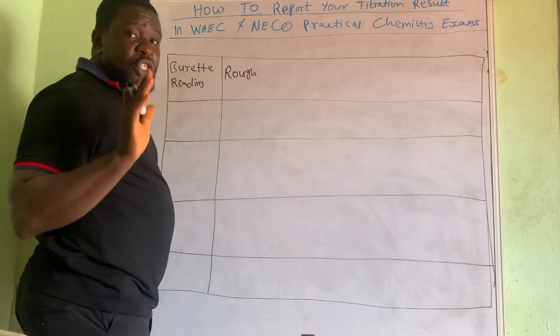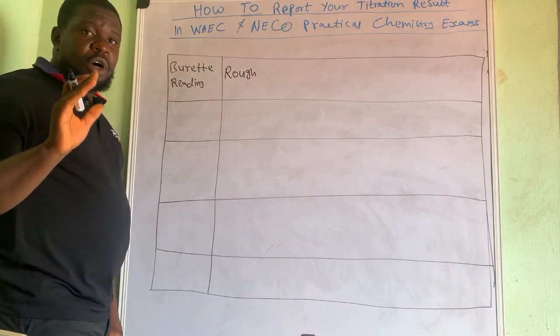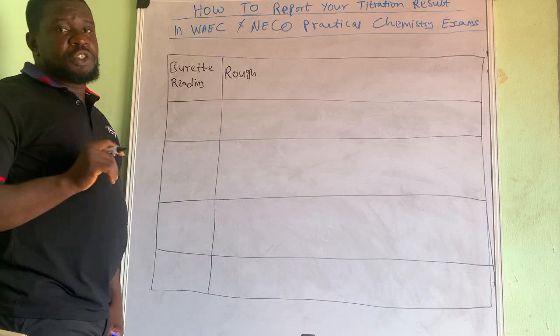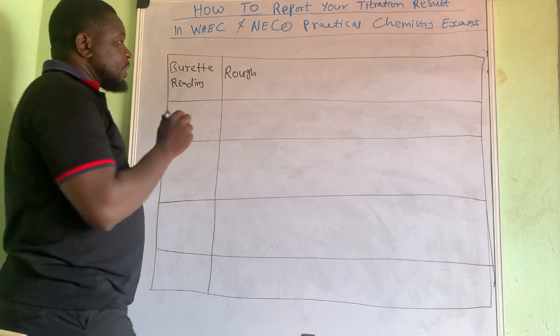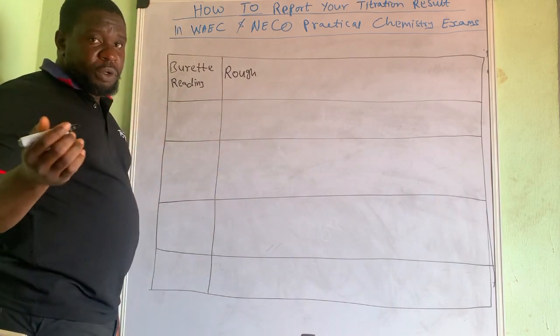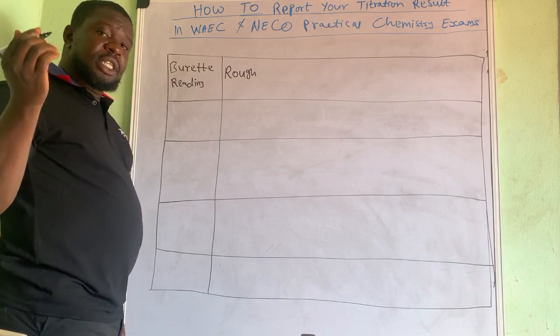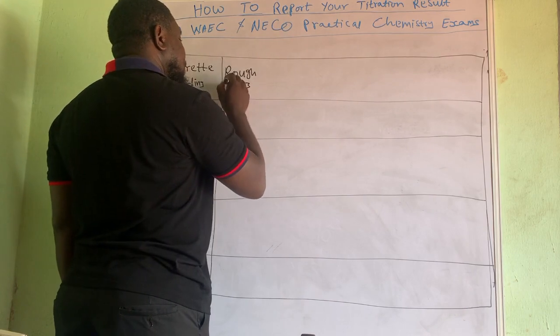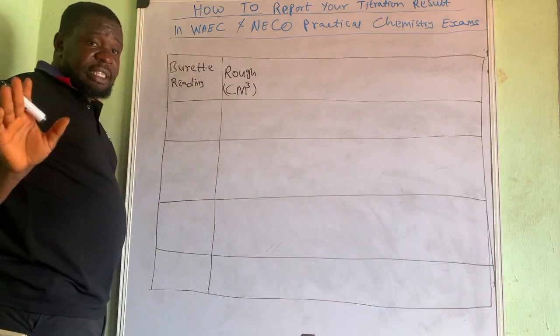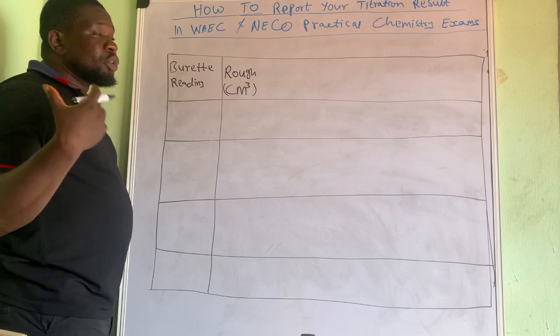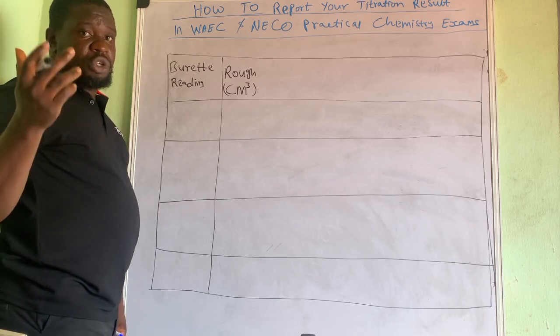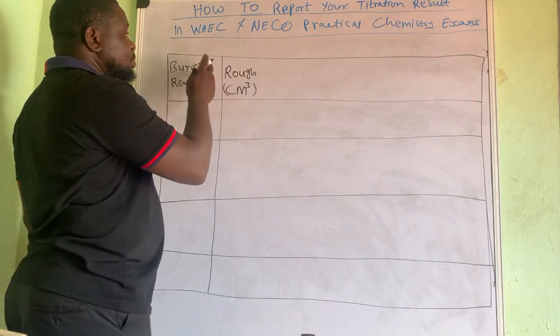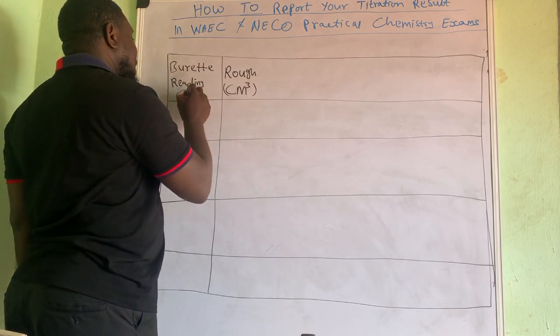Then you write the unit of the volumes of the instrument you're using. In this case, you're dealing with volumes and you're using centimeter cube. So you write your rough in centimeter cube. In fact, to be on the safer side, to make sure you do not forget your units, you can even write your burette readings in centimeter cube.